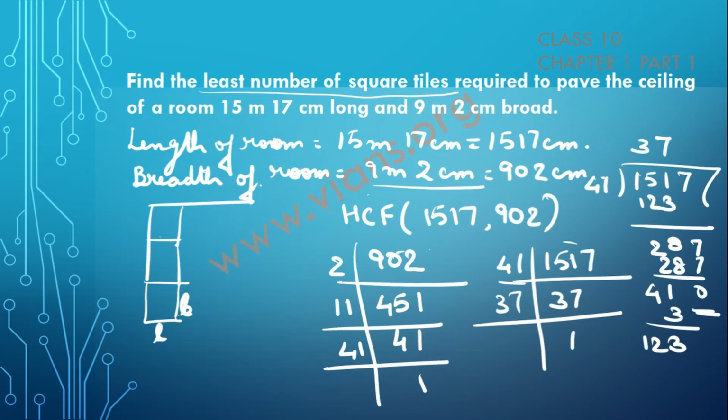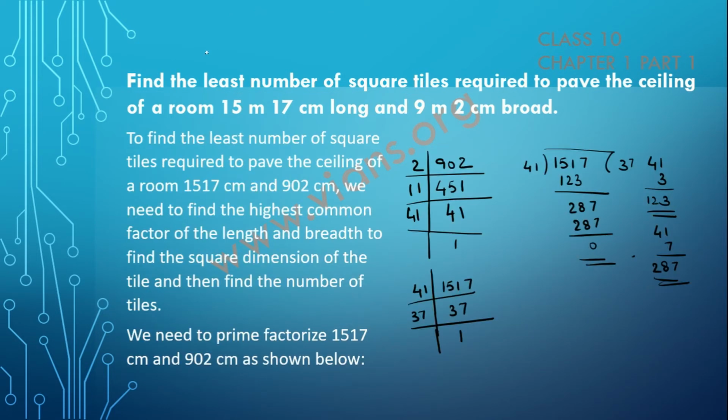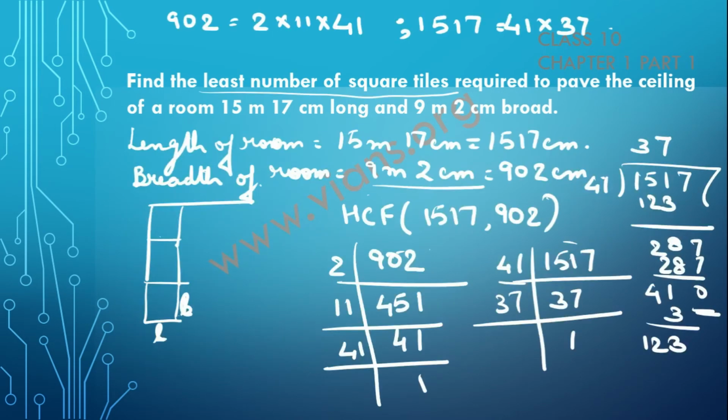So now that you know this, your 902 can be written as 2 into 11 into 41, while your 1517 can be written as 41 into 37. Hence, we can calculate your HCF to be 41 centimeters, which is basically the length and breadth of your tile.